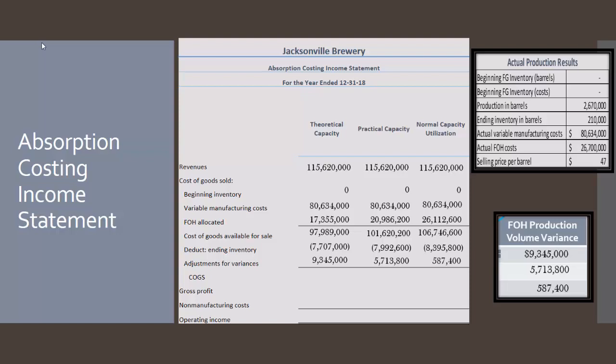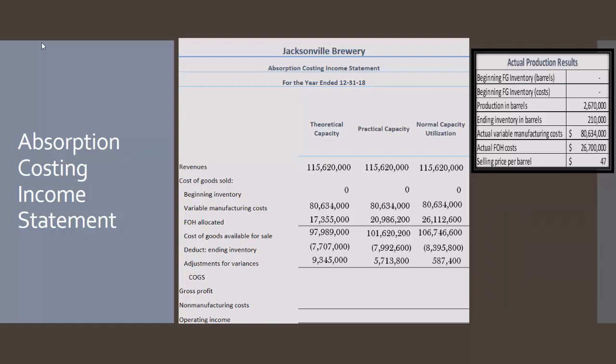So under theoretical capacity, we would have cost of goods sold of $99,627,000. Under practical capacity, we would have cost of goods sold of $99,341,300. And under normal capacity, we would have had $98,938,200.